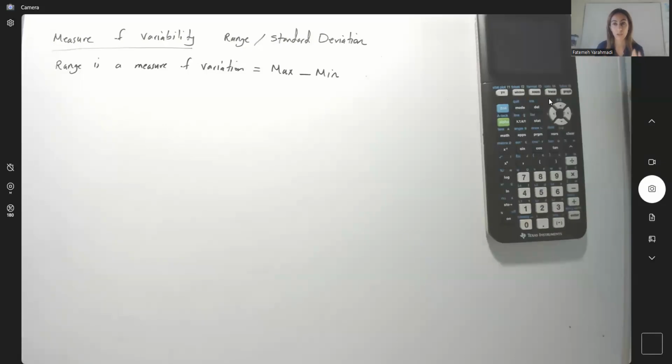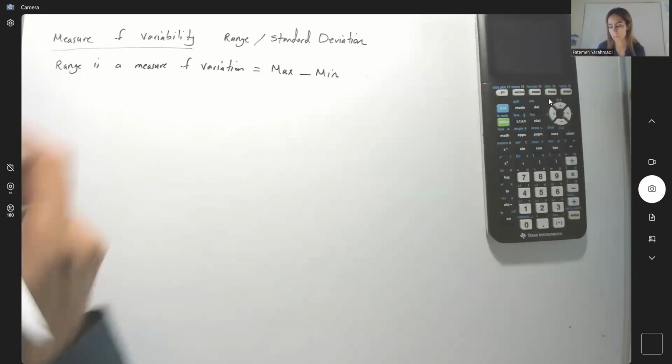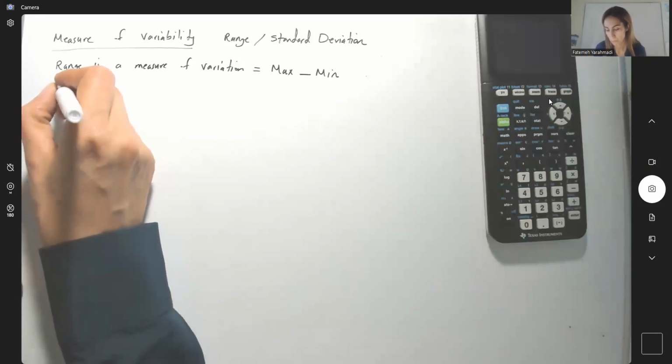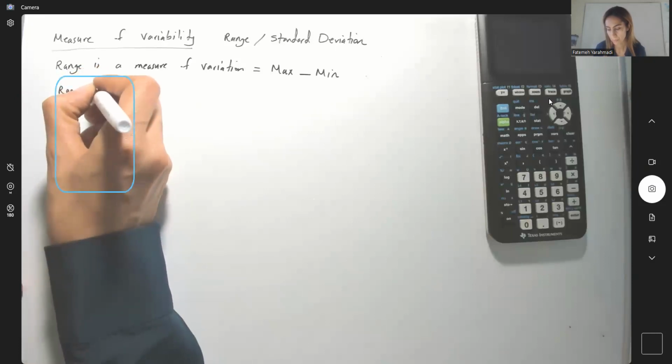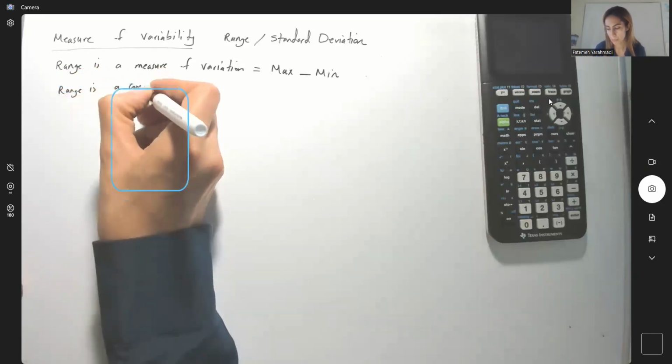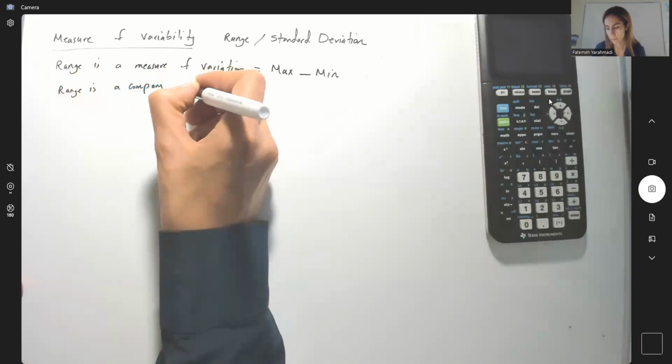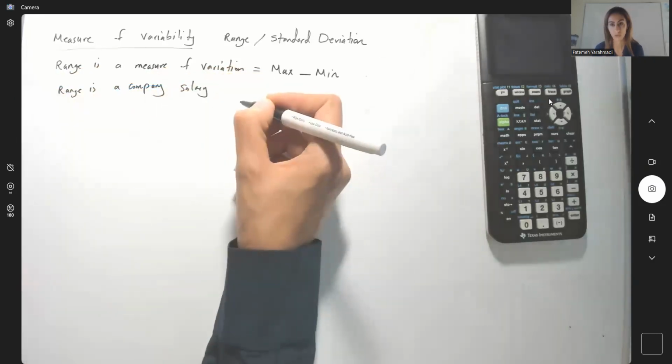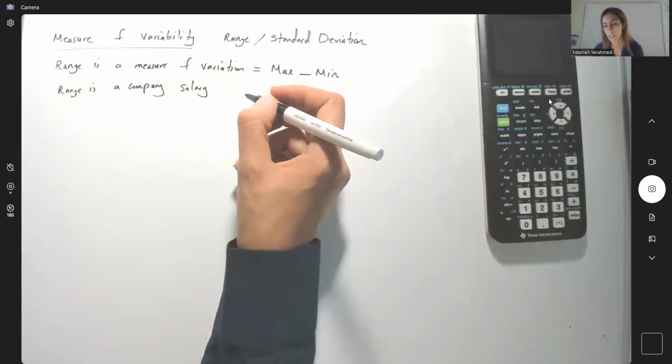For example, you want to know what's the range of salary in a company like Google. You're going to find the maximum salary, you're going to find the minimum salary, and then find the difference between them. So the range of salary in a company, the maximum might be like $900,000.